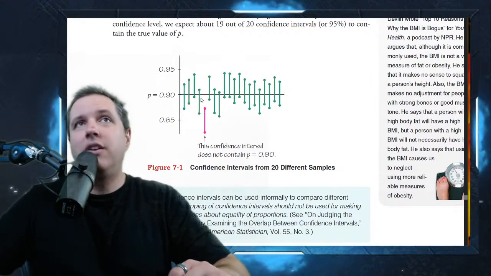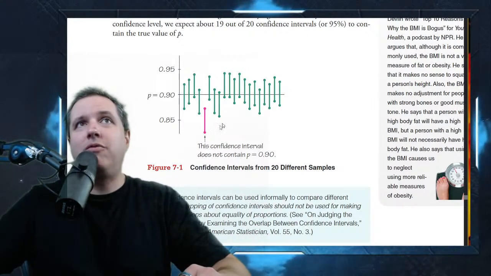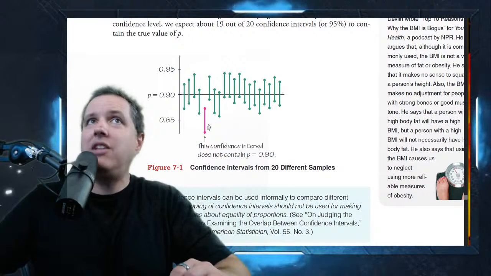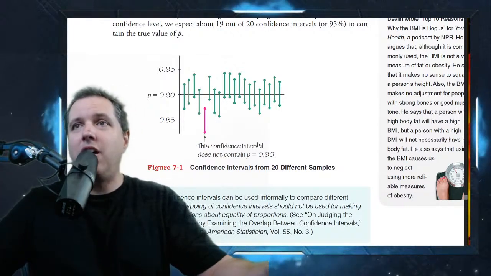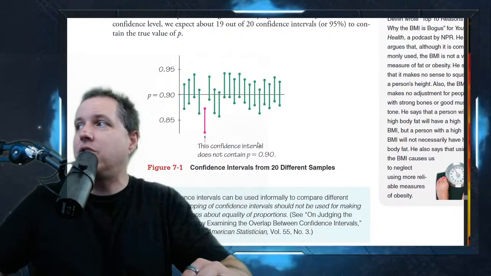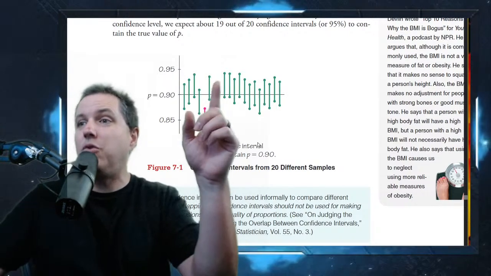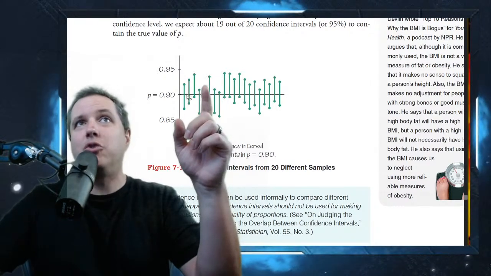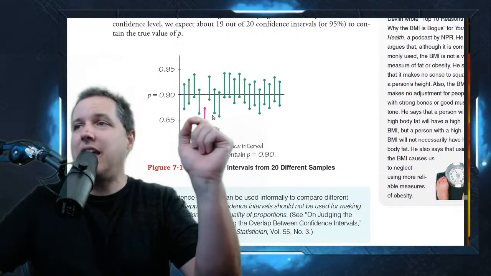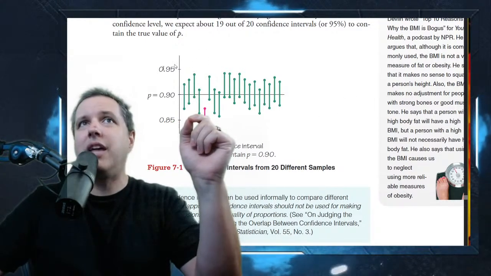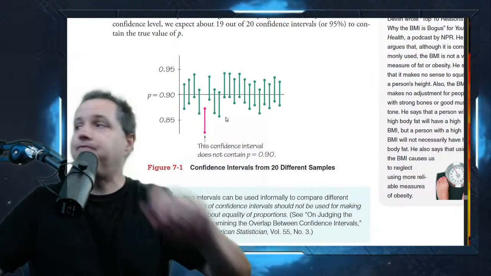Here's the 5% right here, the 5% that actually don't contain the true proportion of 0.9. So out of 20 of you constructing a 95% confidence interval, we would expect one of you to not have the true proportion in there. It's still kind of close, but not really in that interval we came up with. That's what we're talking about.